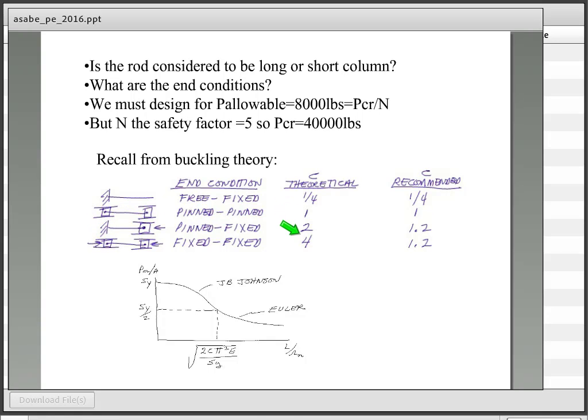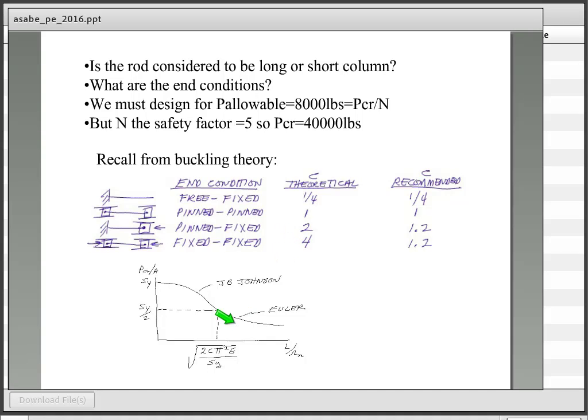Or pinned, fixed, it might be pinned on one end, guided, but fixed on the other. Then we've got a better situation as far as the column is concerned. So that factor then goes up to 2. If it's fixed, then a column, a C factor of 4.